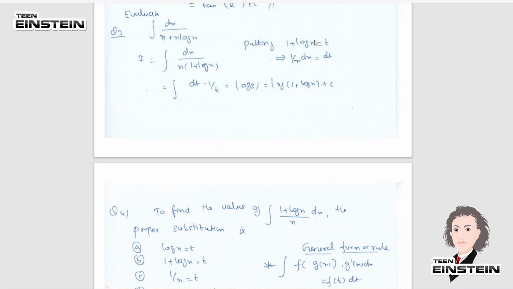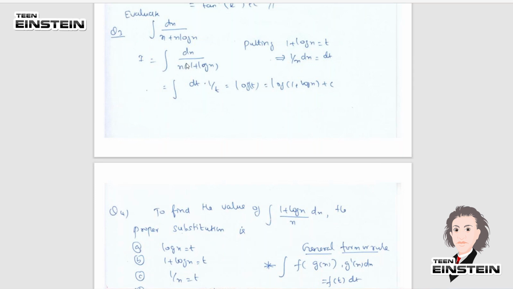So if you take 1 plus log x equal to t, then when you differentiate this with respect to x, what are you getting? Differentiation of log x is 1 by x, so dx by x is dt. Therefore, dx by x is replaced by dt, and 1 over 1 plus log x is replaced by 1 by t.